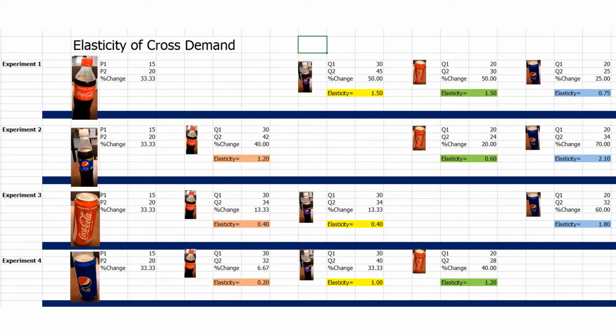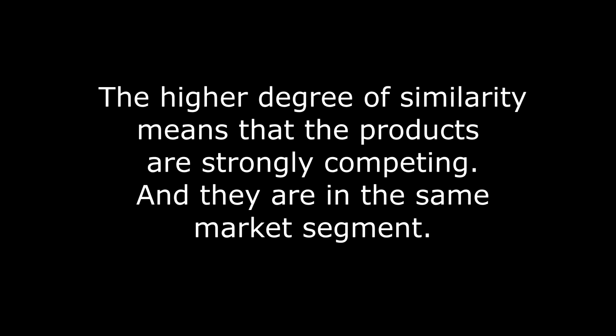The higher the elasticity, the higher degree of similarity. And the higher degree of similarity means that both products are in the same market segment because they are strongly competing.